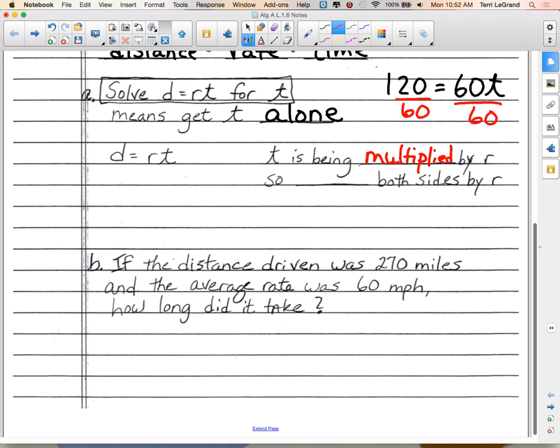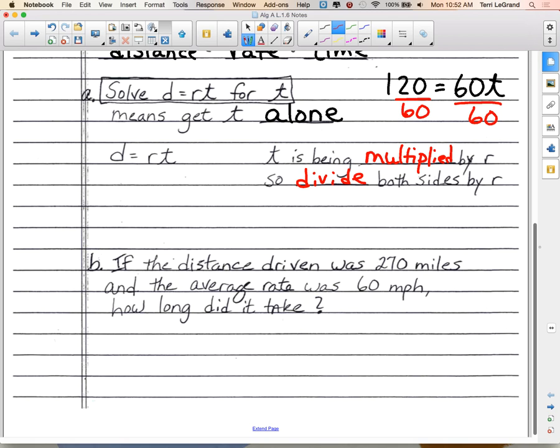What did we do? We divided by 60. So over here, T is being multiplied by R, so what do we have to do with that R? Divide both sides by R. Yeah. So even though it's not a number, that's okay. We're still going to use the same thought process.